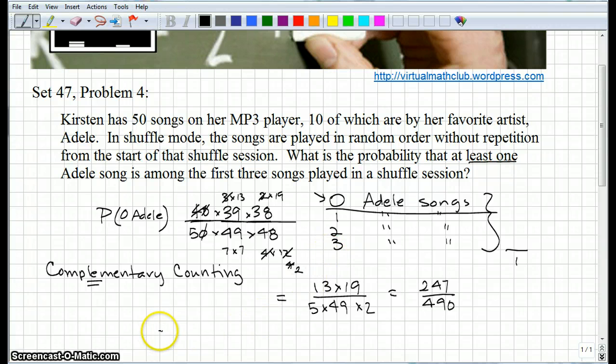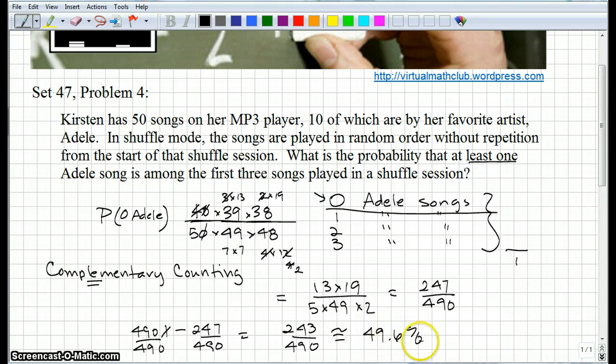So if we take 1 and subtract 247 over 490, we can replace the 1 with 490 out of 490, so that we can subtract them, and we end up with 243 out of 490. If you use a calculator, you get approximately 49.6%.